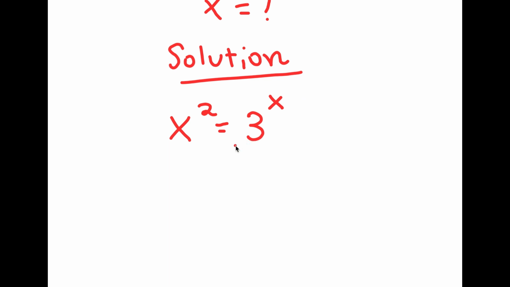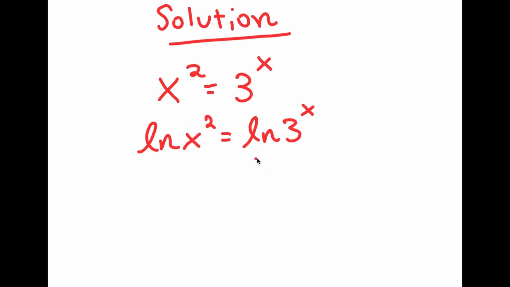Now, I'm going to first start by taking the natural log, also known as ln, on both sides. So I have ln x squared is equal to ln 3 to the power of x. Now, if I have something in the form ln a to the power of b, I can move this exponent b to the front.